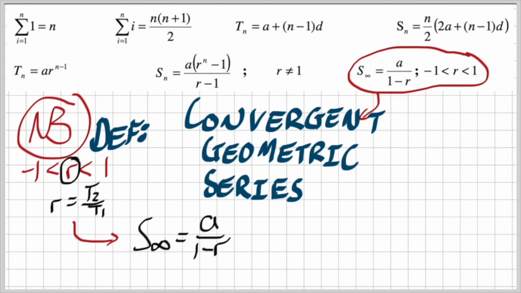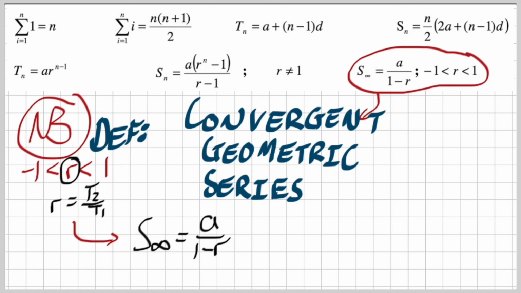If you can't have that, it can't go to the next intersection. So please get that. You must first look at r between -1 and 1 before you can go to S infinity. Now, we love to ask the definition in exams.